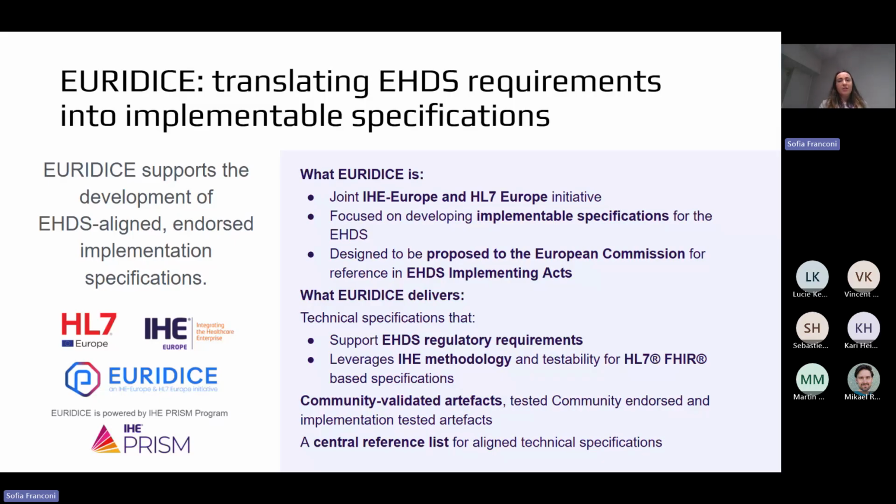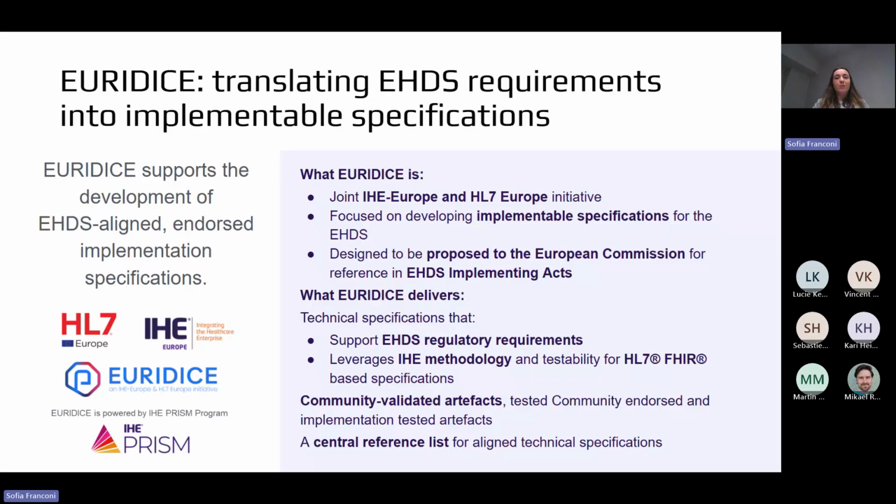It's jointly created with IHE Europe and HL7 Europe. The goal is to design specifications that could be used and referenced in the EHDS Implementing Act. So we support EHDS, of course. We are working with the requirements, and we are leveraging IHE methodology and HL7 FHIR specification.